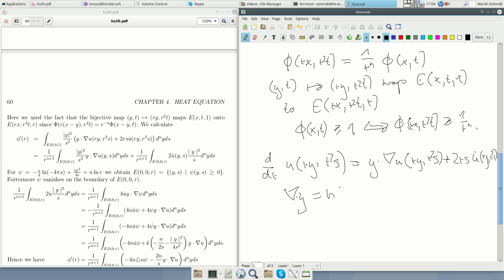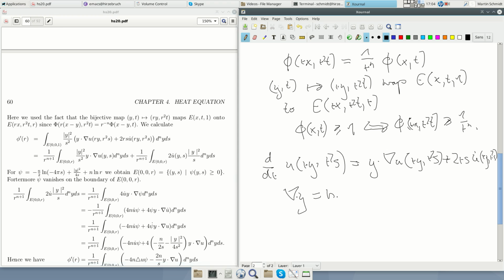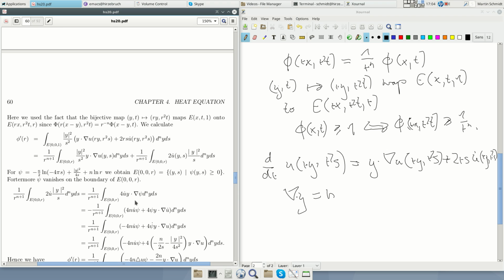If we take the sum, we obtain n. So the gradient of y is n, so we get this term, and with a minus by partial integration. And we also need to take here this term. These are the two terms. This is just partial integration.